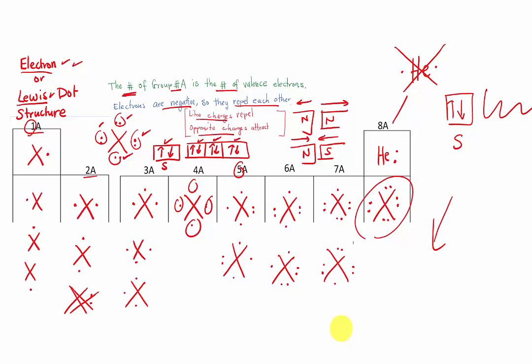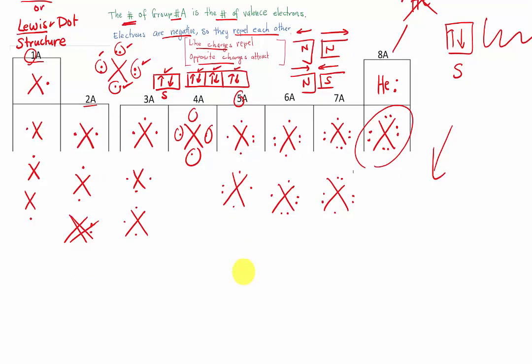What if I tried to trick you? And I say, hey, this element somewhere on the periodic table, let's put silver, Ag, has 1 valence electron. How does that work? Of course, it's going to look something like group 1A, so we put Ag like that.